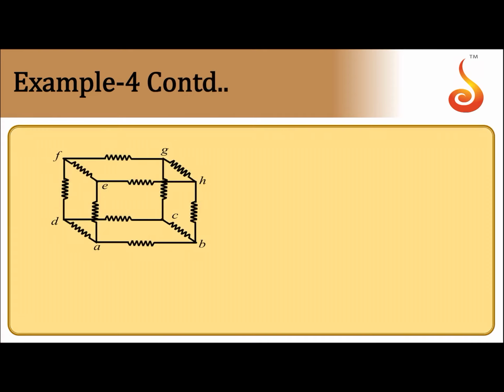So, this is the circuit given. Let us consider, as usual, that A and G are connected to a battery. Here the current enters.